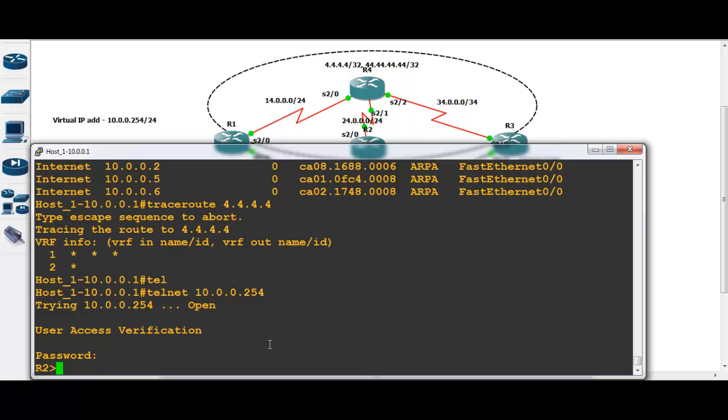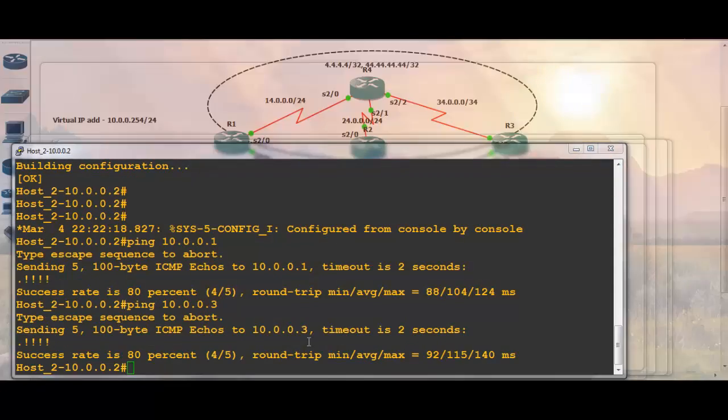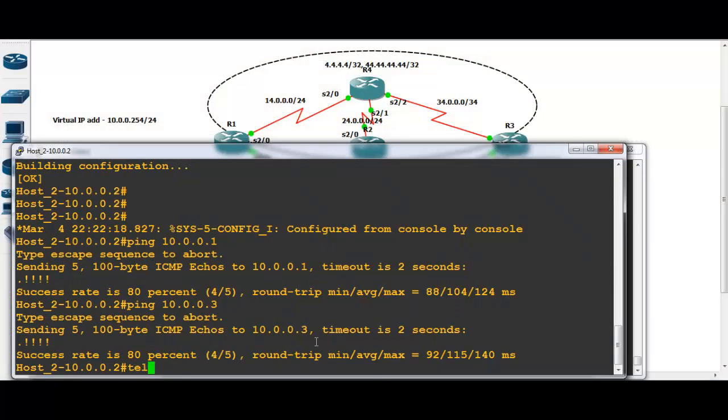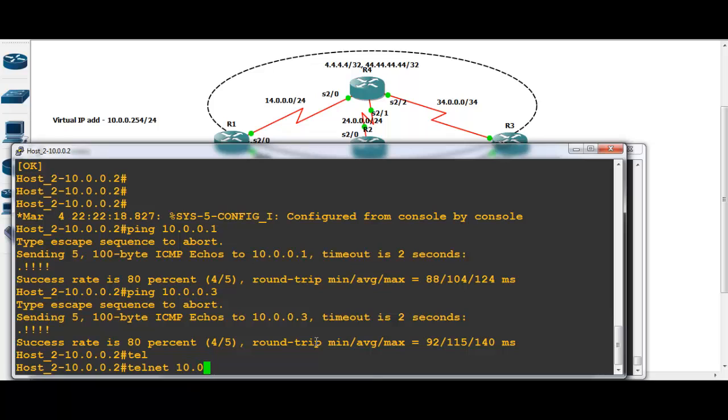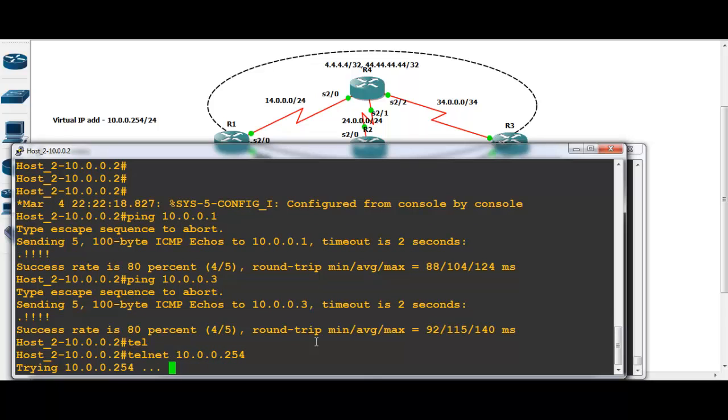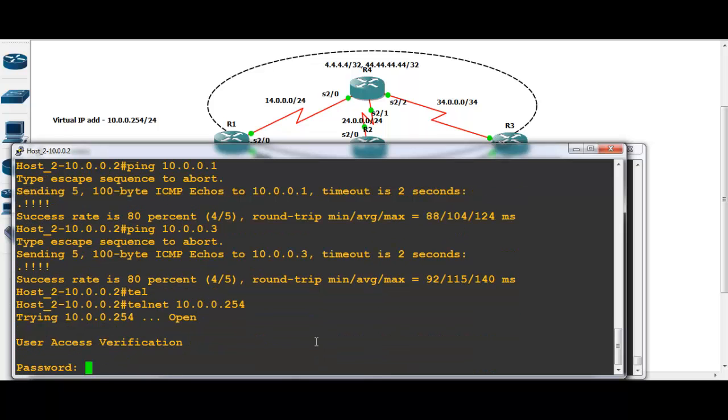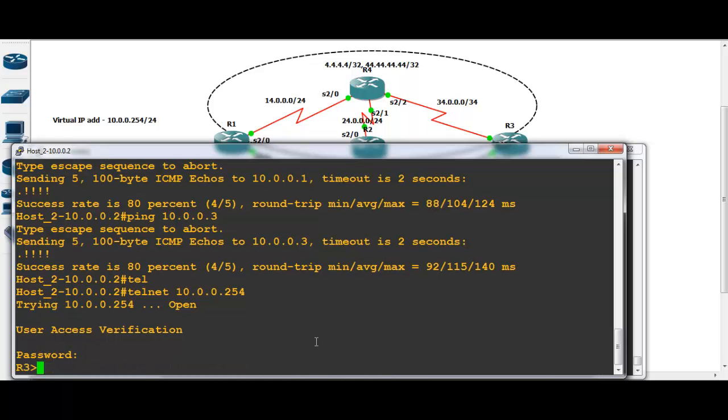You know that is the first forwarder. Telnet 10.0.0.254. CISCO123. Look at this, how beautiful.